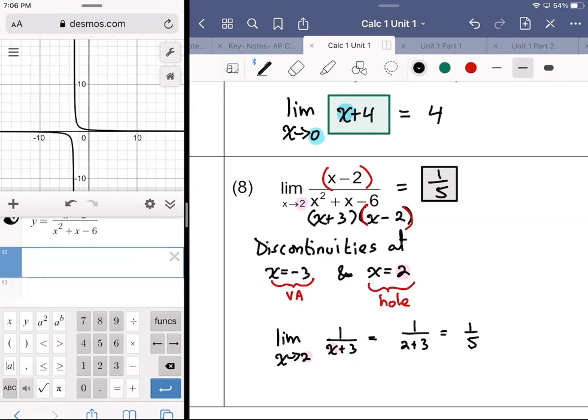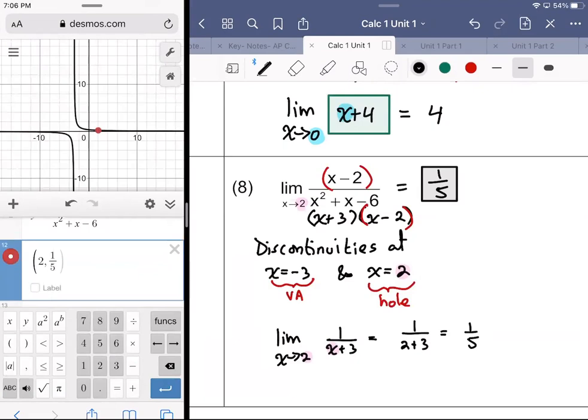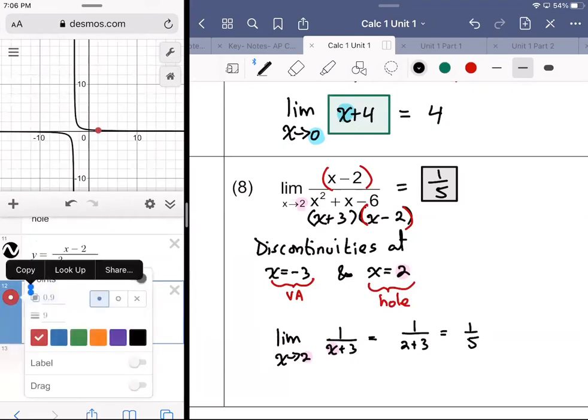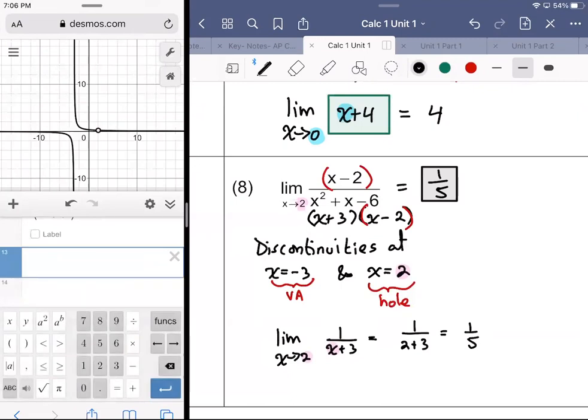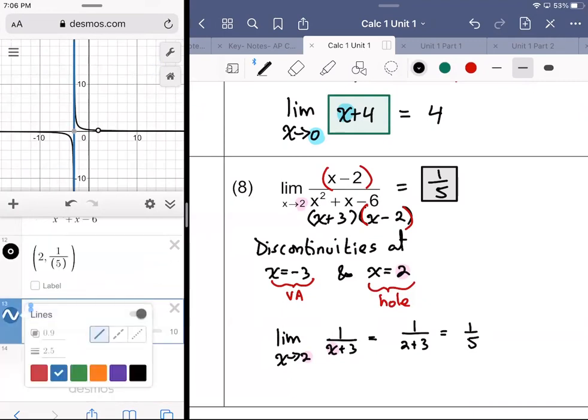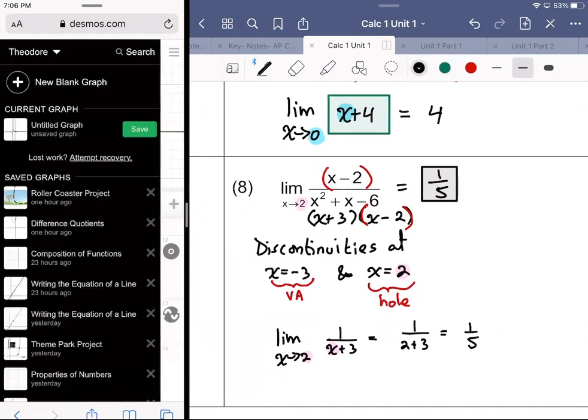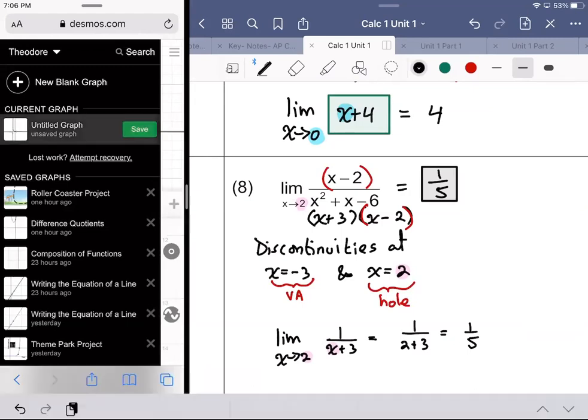And we have the hole at 2, 1/5. I'll make this look a lot nicer later on, but for now, I'm just getting it down. And the vertical asymptote x equals -3. Let me save it before I forget, because that's a big bugaboo there.